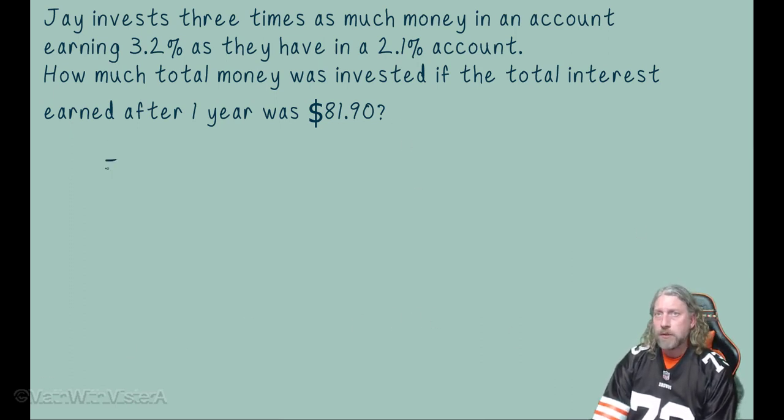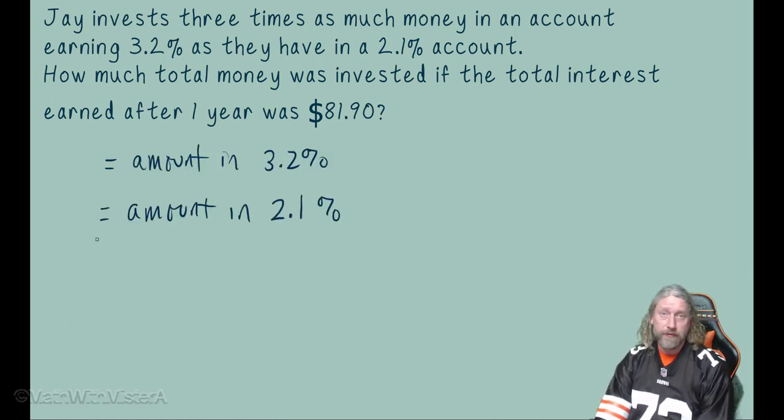So we have an amount going into the 3.2% account. We have an amount going into the 2.1% account. And we don't need to use two variables because we know that the amount in the first account is 3 times as much as the amount in the second account. So we can say, let's make X be the amount in that second account, X, and the first account has 3 times that amount.